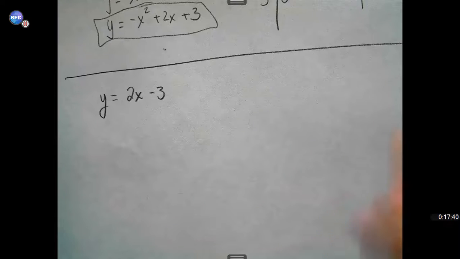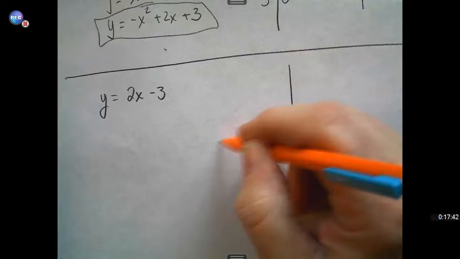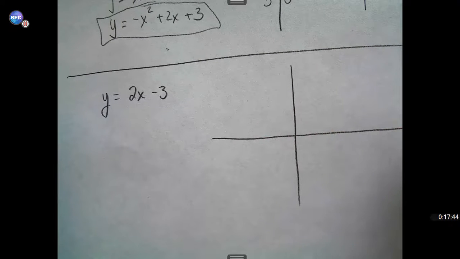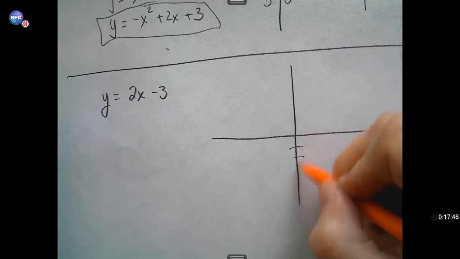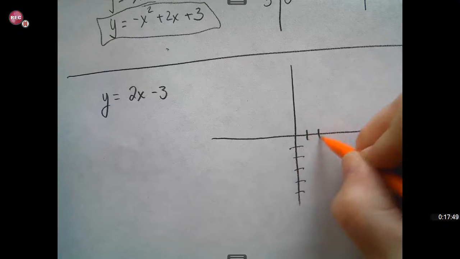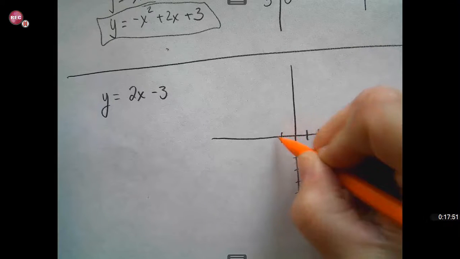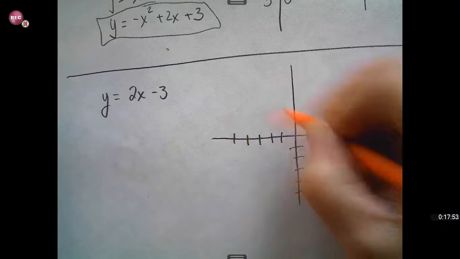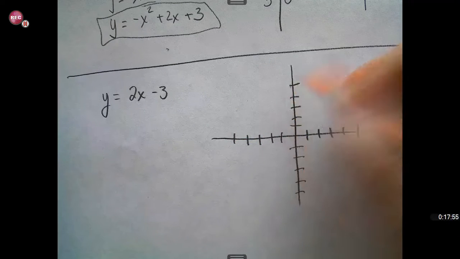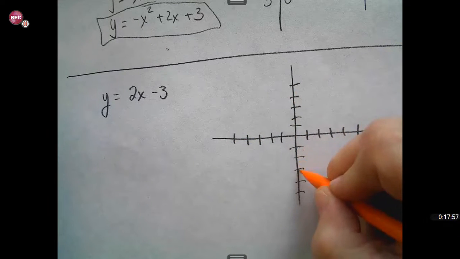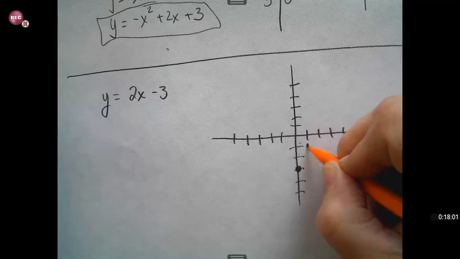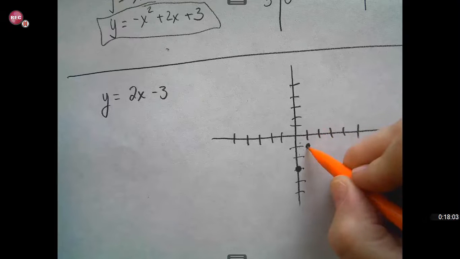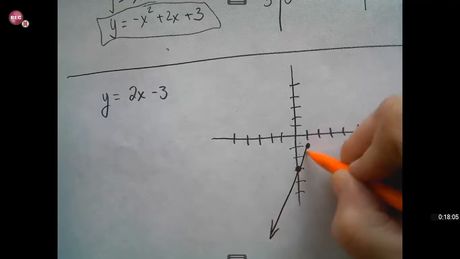First of all, I graph it. And I don't need to list ordered pairs to graph this. Okay, so the y-intercept is -3, the slope is 2, so I'm going to rise 2 and run 1 and draw in that line.